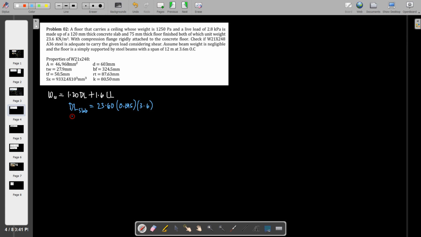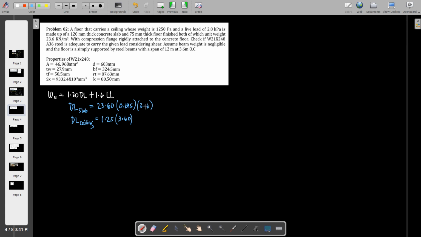Now for your ceiling, we have the dead load for ceiling is equal to 1.25, multiply na lang natin ng length to make it in kilonewton.